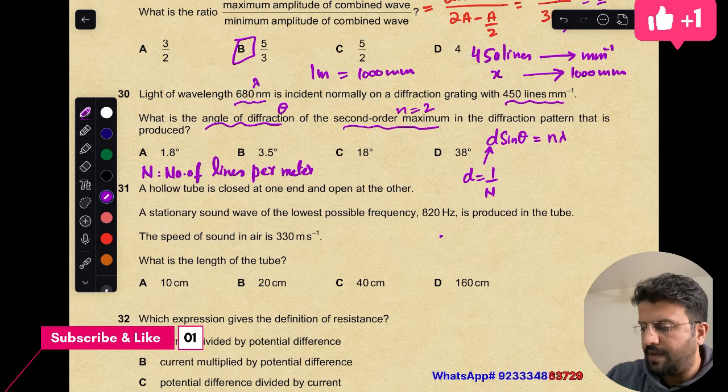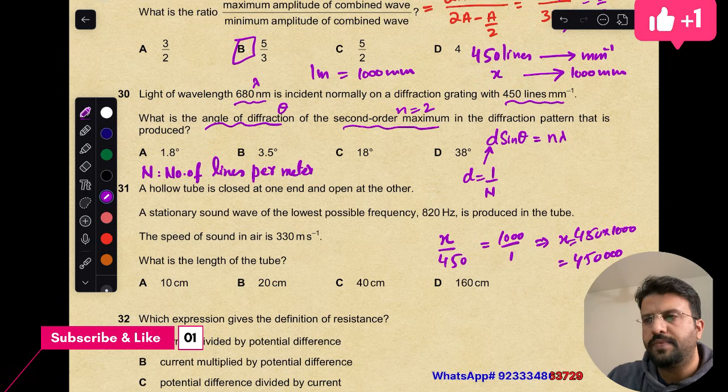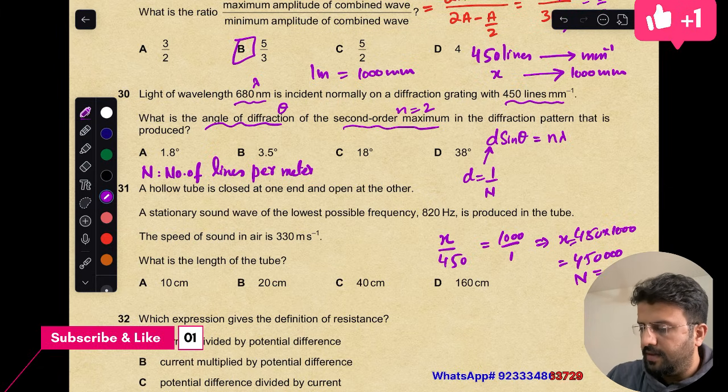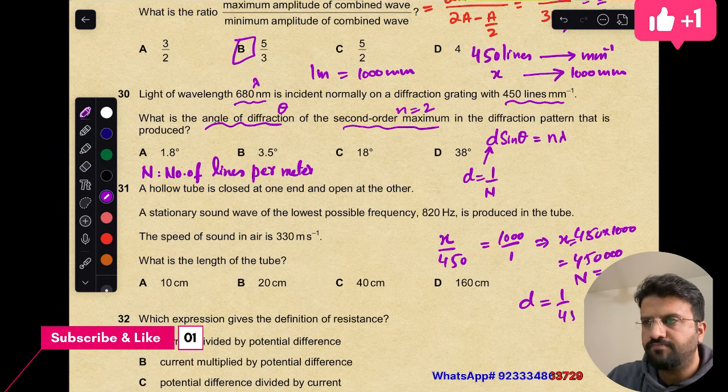So when you use this ratio method, x over 450 is equal to 1000 over 1. So x will be 450 into 1000, 450 and 3 zeros. This is the number of lines. So you got the N, and d will be equal to 1 by this whole value, that is 450,000, one more zero.